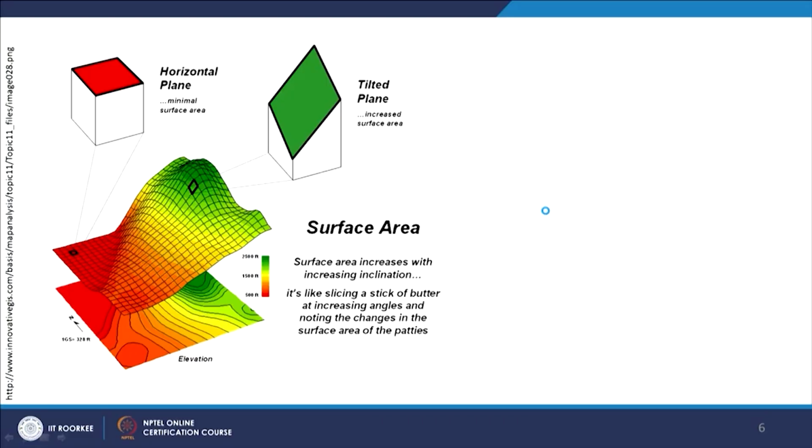Here both examples are given. This is the horizontal plane or planimetric surface, and this is the tilted or inclined surface. As you can see, for our understanding, this has been exaggerated in this schematic.